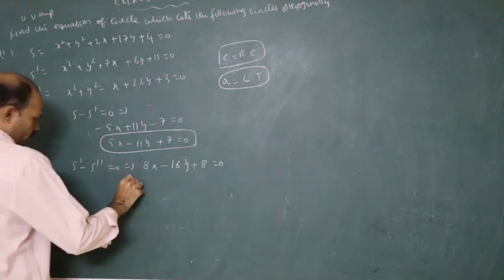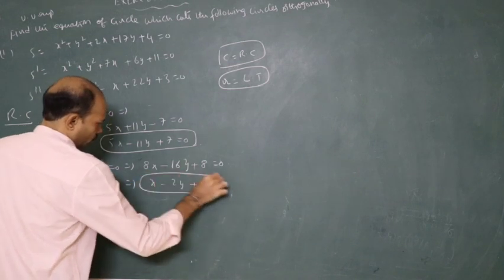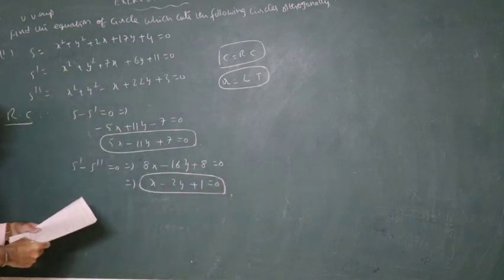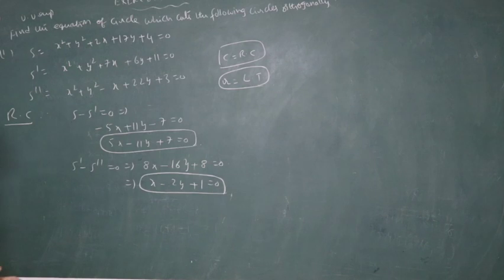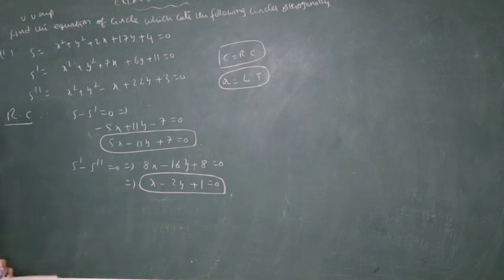On cancellation it follows x minus 2y plus 1 is equal to 0. To find the radical center, we have done first of all radical axis 1 and radical axis 2.